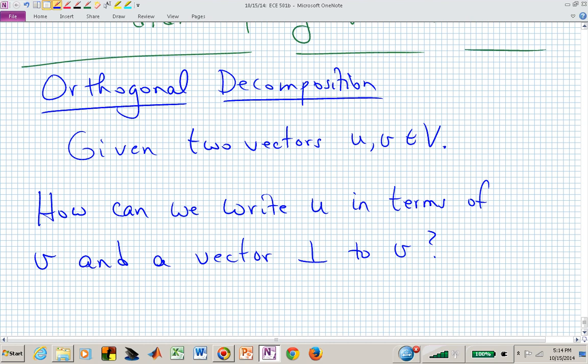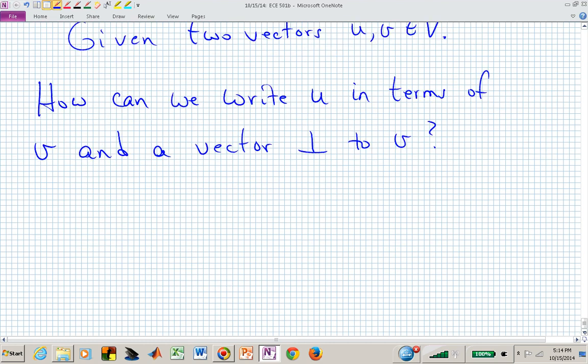We want to break u up into two parts, one in the direction of v and one that's orthogonal to v. That's how we would like to rewrite u. We would like to decompose u into two parts, one that's in the direction of v and one that's orthogonal to v.